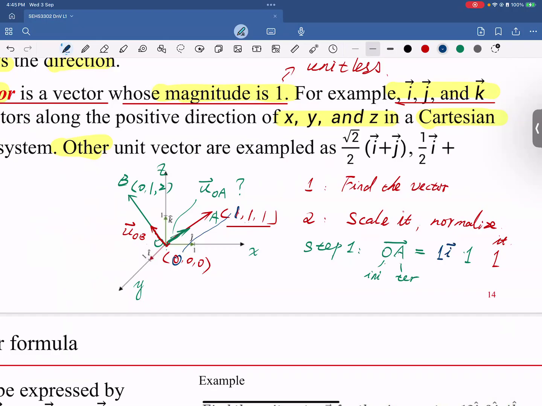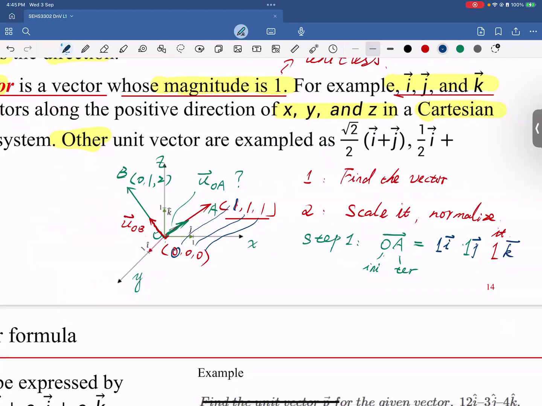And 1 minus 0 along Y, we can put J here. 1 minus 0 along Z, we can put K here. So finally, we have this vector is I plus J plus K, which is OA. Okay.